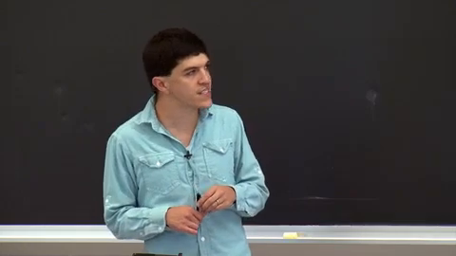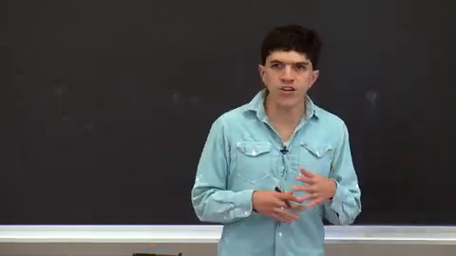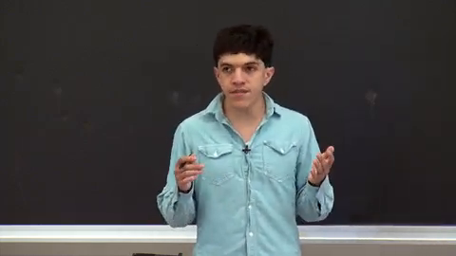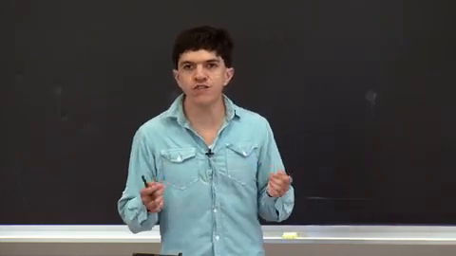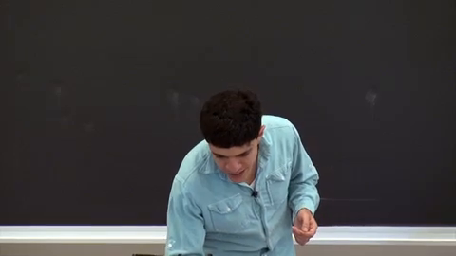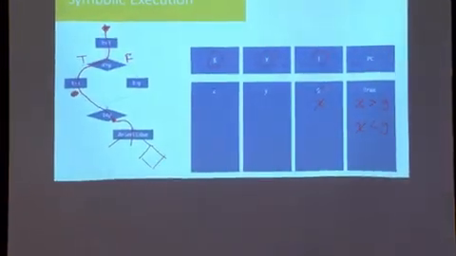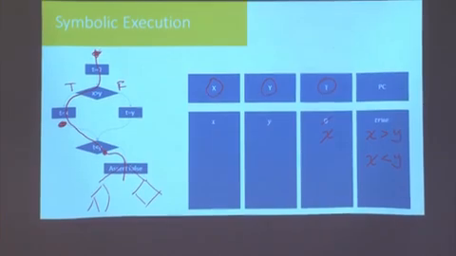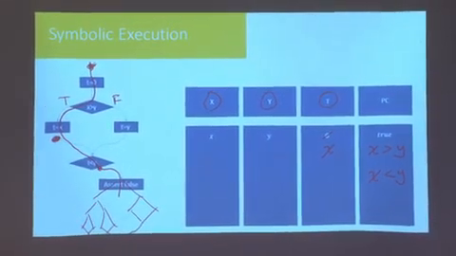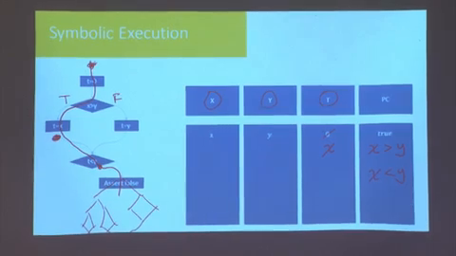For example, one of the things that they do is that they are exploring path by path, but they're not exploring completely blindly. They are also checking the path conditions after every step. So that, for example, if this were a very complex program tree, a control flow graph, you don't wait until you get to the very end to check whether the path is feasible.